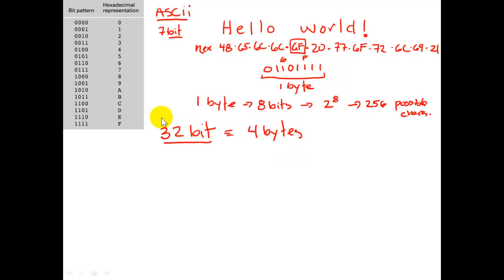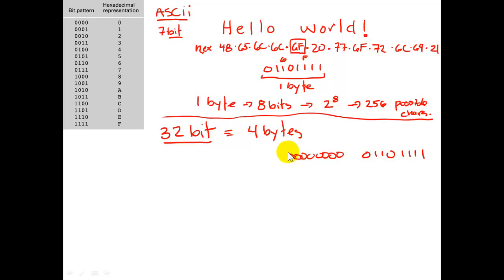And if we wanted to encode the lowercase o, or 6F, in 4 bytes, what we essentially would need to do is to take our O encoding like that. This is 1 byte. 1, 2, 3, 4, 1, 2, 3, 4. That's our second byte. 1, 2, 3, 4, 1, 2, 3, 4. That's our third byte.